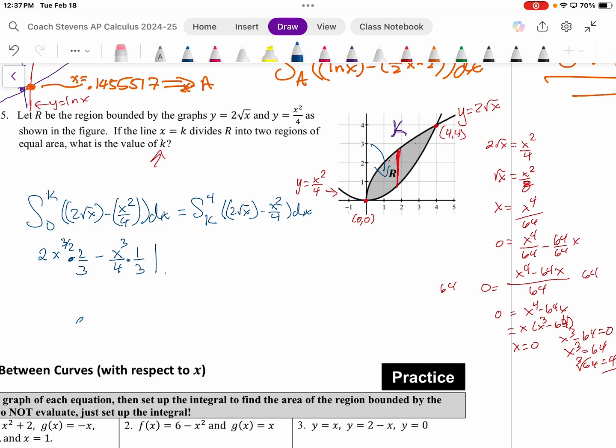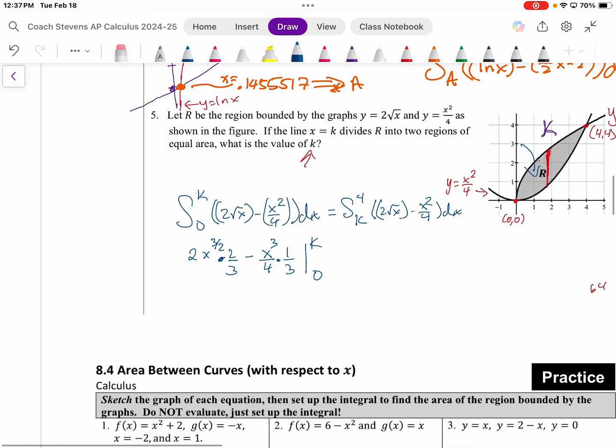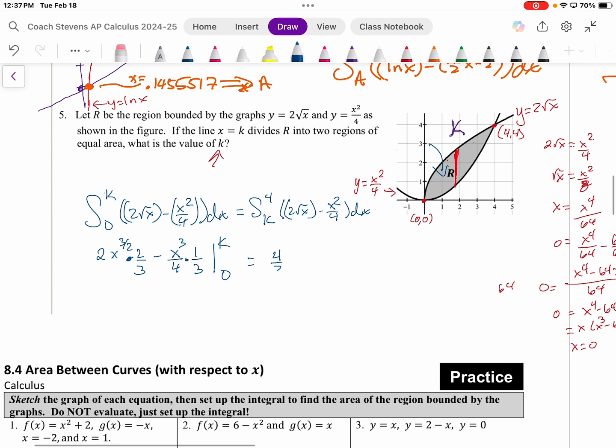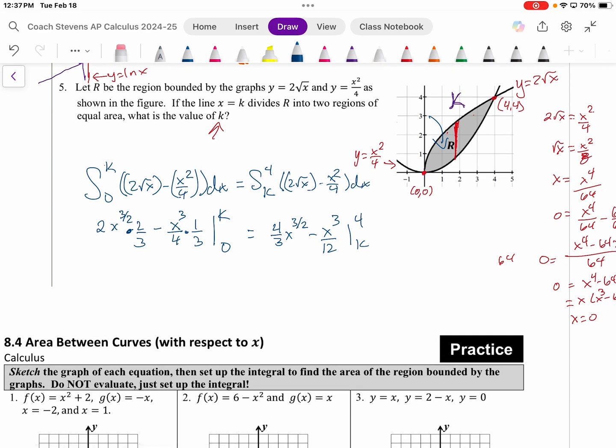And that's being evaluated from 0 to k. Yes, you have to do problems like this. Equals, we get to use the same thing. So I'm going to simplify the right side: 4 thirds x to the 3 halves minus x to the 3rd over 12, from k to 4. I didn't have to do it again because it's the same equation.